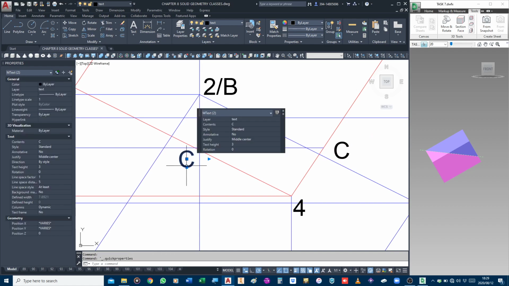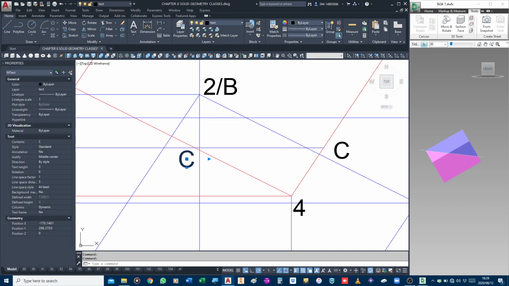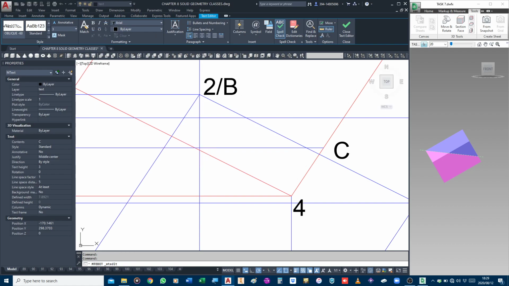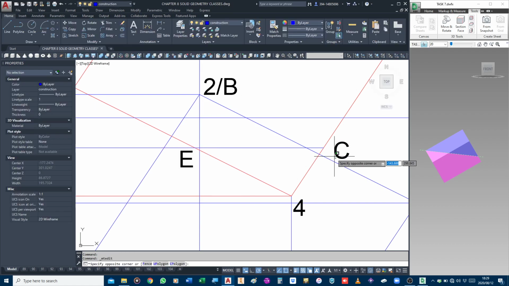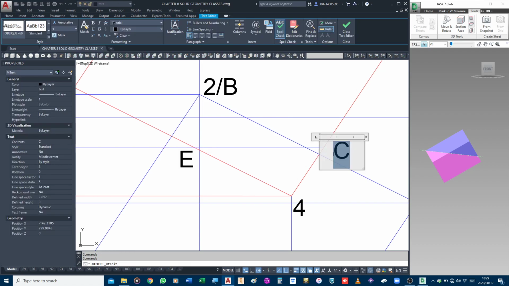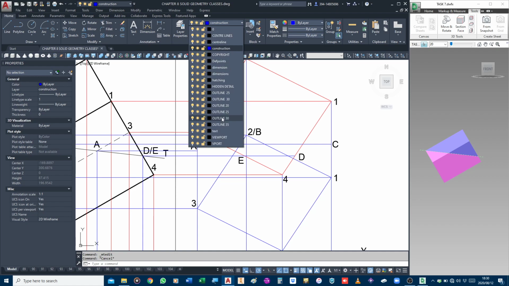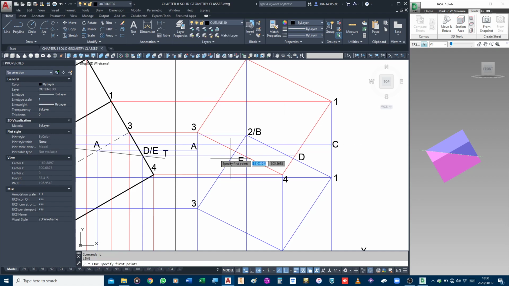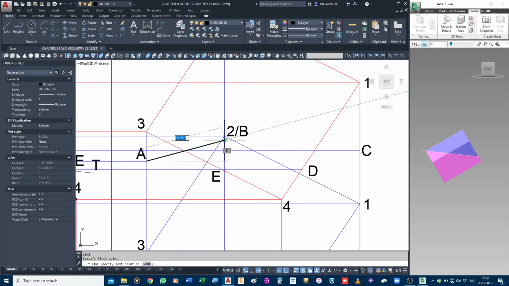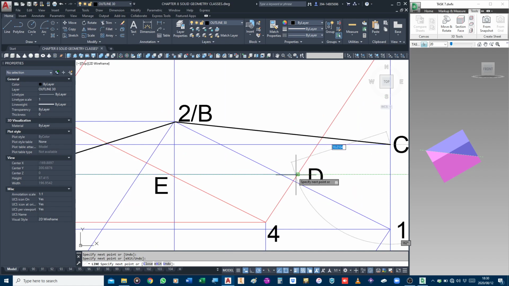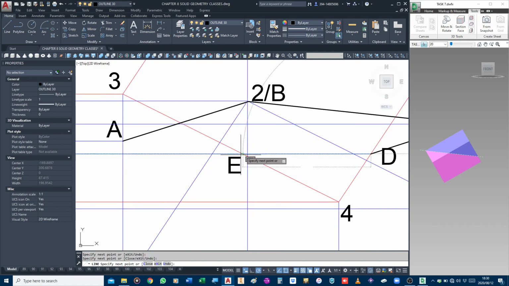Okay, this one will be E. This one will be D. Okay, and I've just said to you, as soon as I've got all of my points on the cutting plane, I can then join them from A to B to C to D to E back to A.